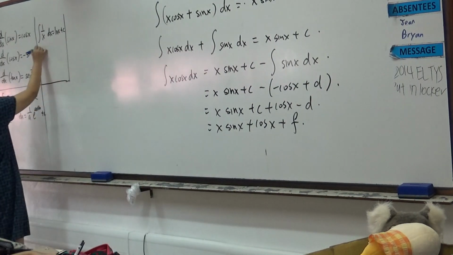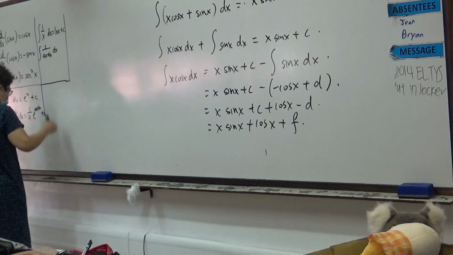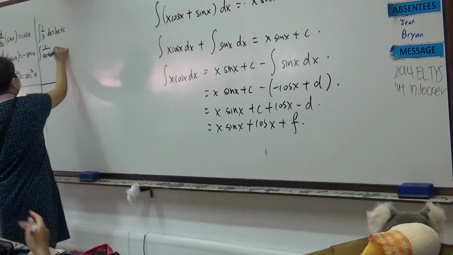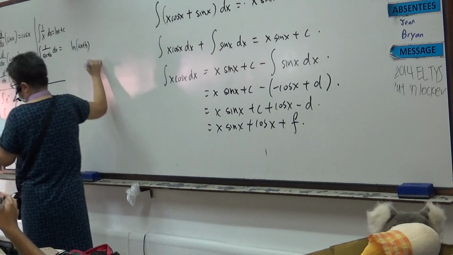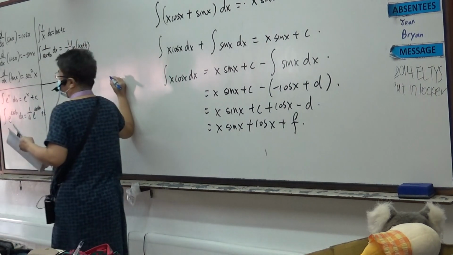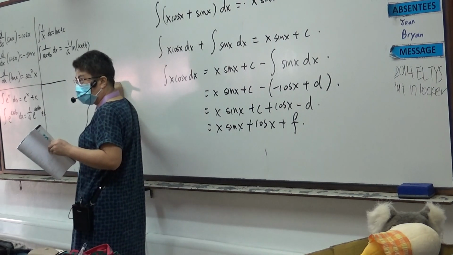So what if I integrate 1 over (ax+b)? This will give me ln(ax+b), then you divide by the differentiation of the function. Do you understand what I'm talking about here?